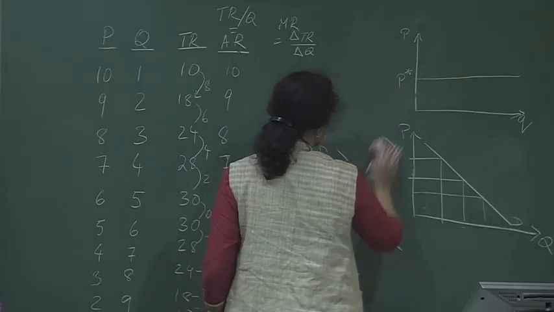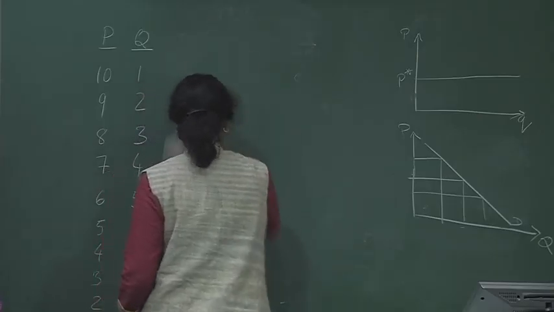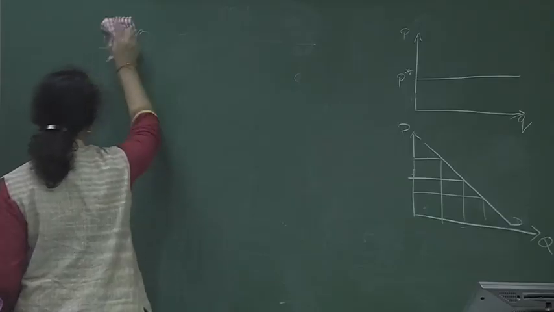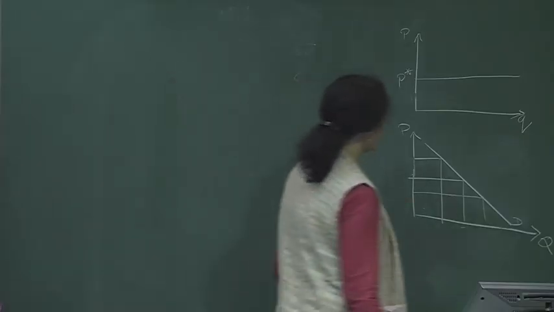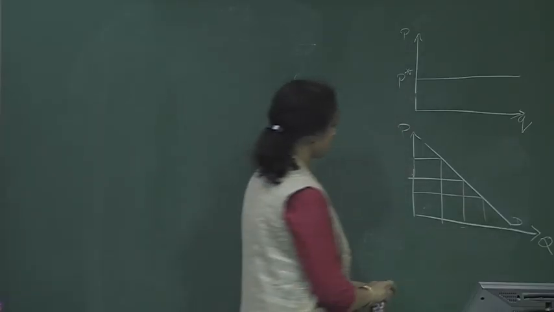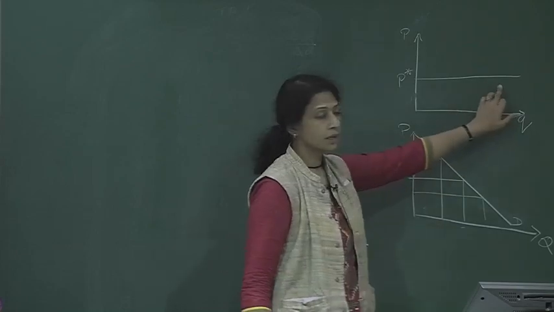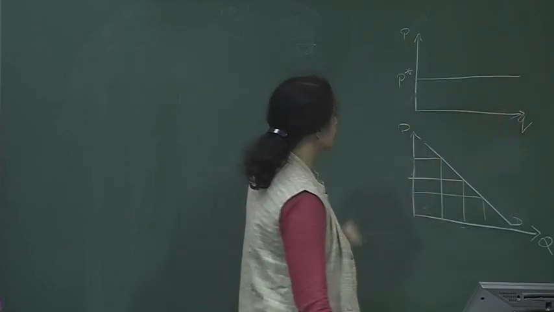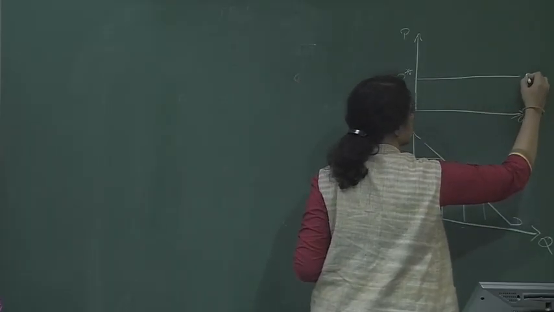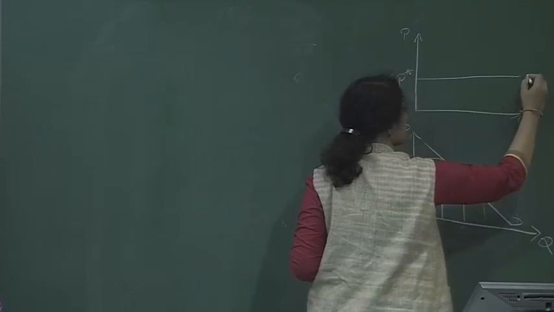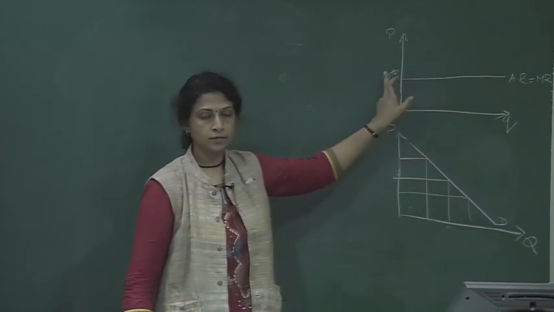So, let me clean the board. Okay. So, the marginal revenue in case of perfect competition is, this is demand, AR is equal to MR. And why is the marginal revenue equal to price?